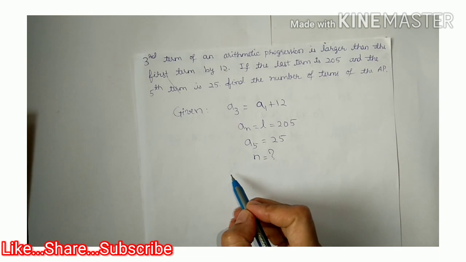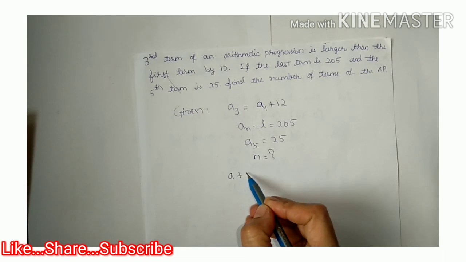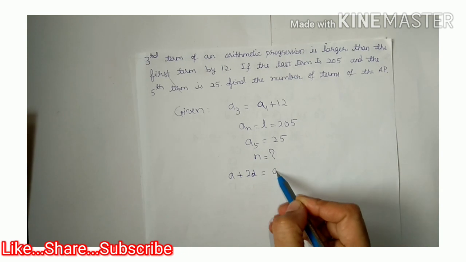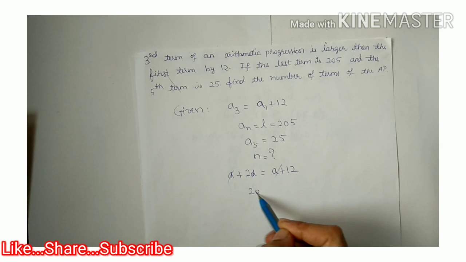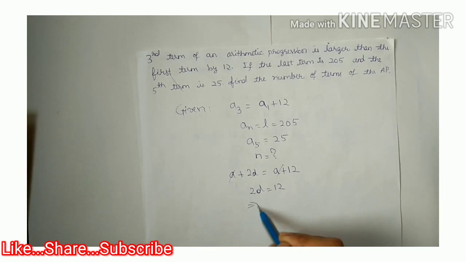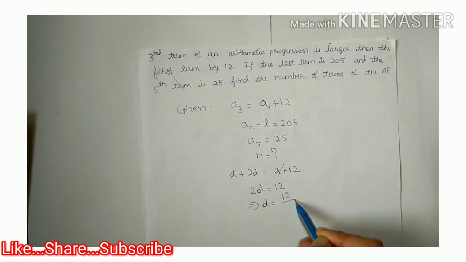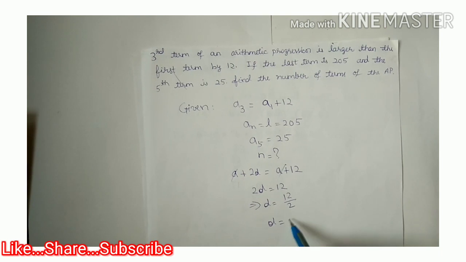Here given A3, A plus 3 minus 1 into D, A plus 2D is equal to A plus 12. 2D is equal to 12. It implies D is equal to 12 by 2, D is equal to 6.